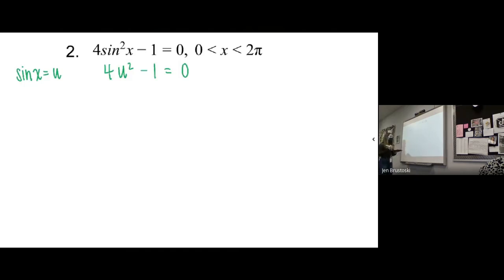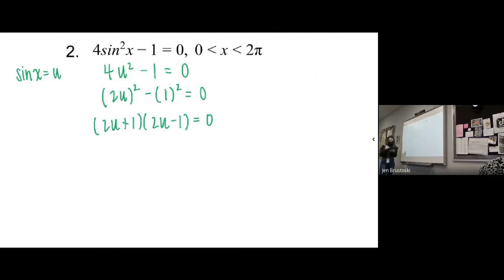When I'm doing the difference of squares, sometimes it's easier for me to write out what the squares are. So this is 2u quantity squared, and this is 1 quantity squared. So then I can write this as the difference of squares, which is 2u plus 1 times 2u minus 1 equals 0.